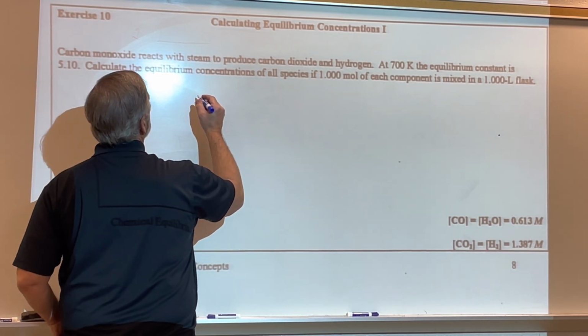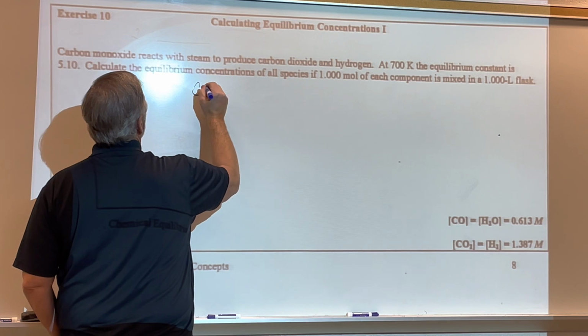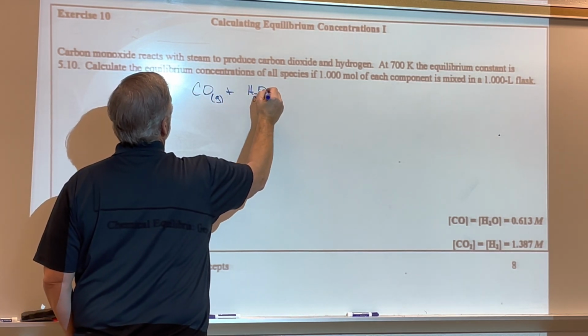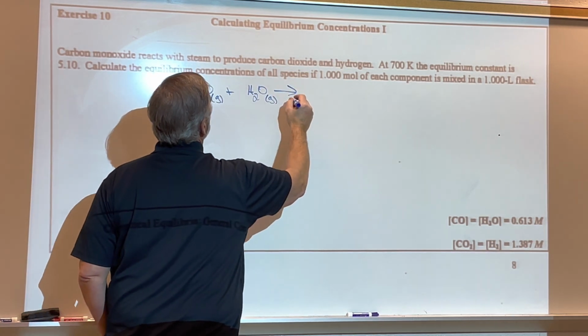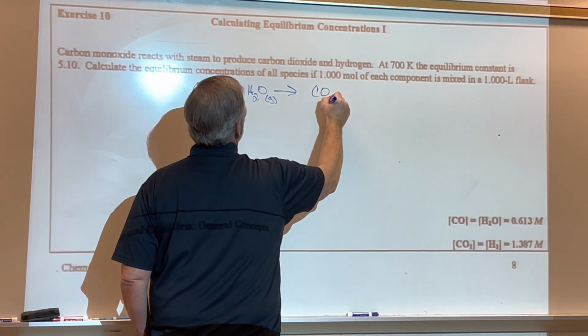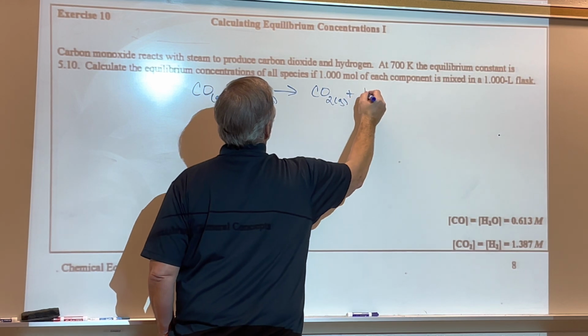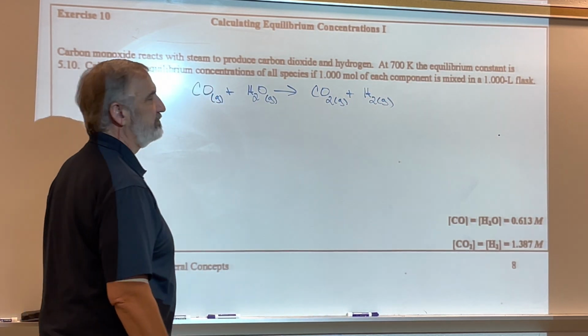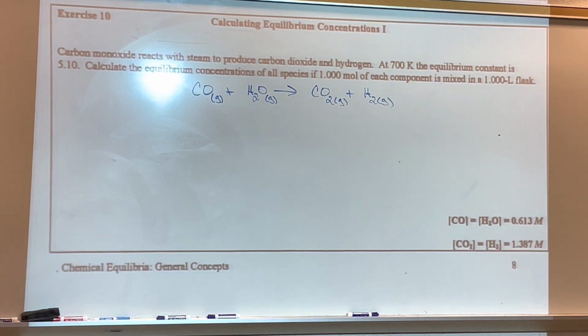It says carbon monoxide reacts with steam to produce carbon dioxide and hydrogen, which is going to be H2. Pretty straightforward.